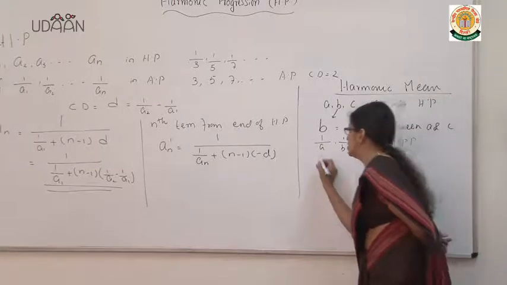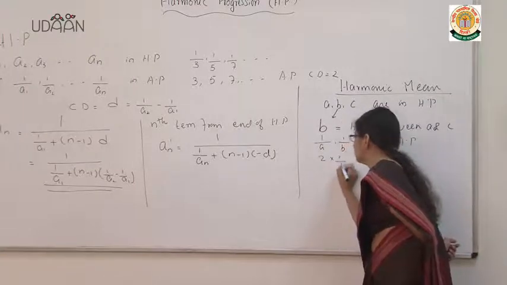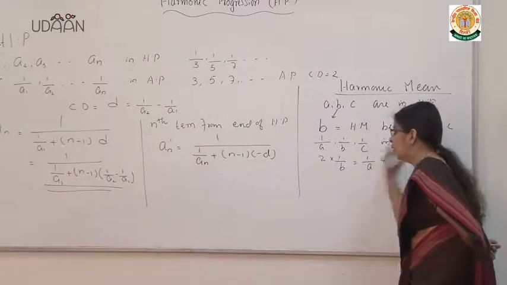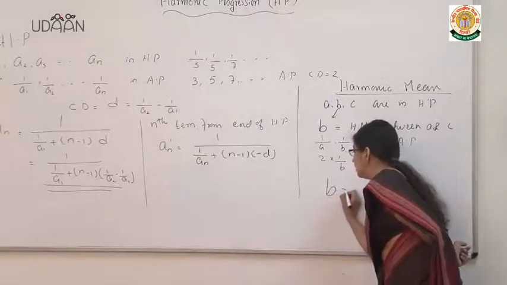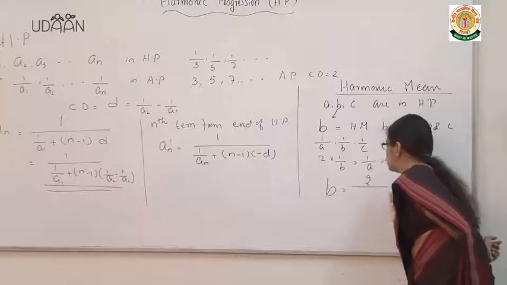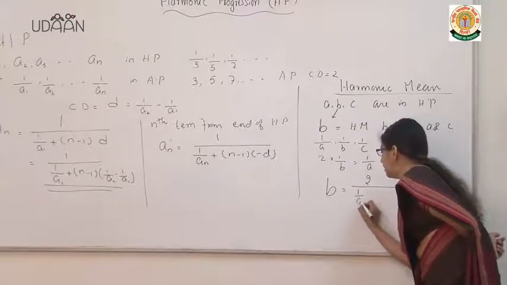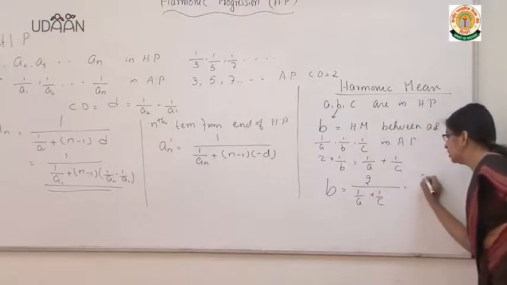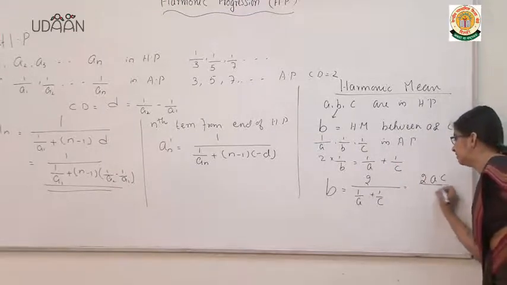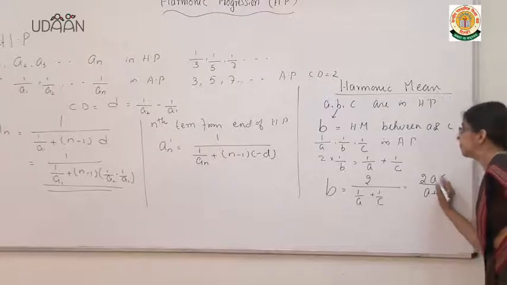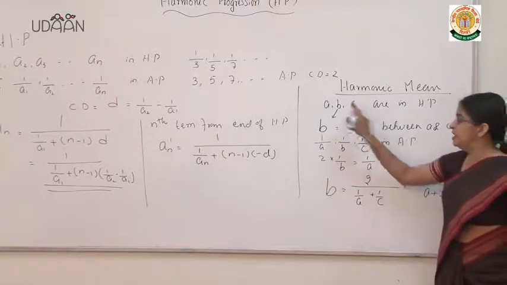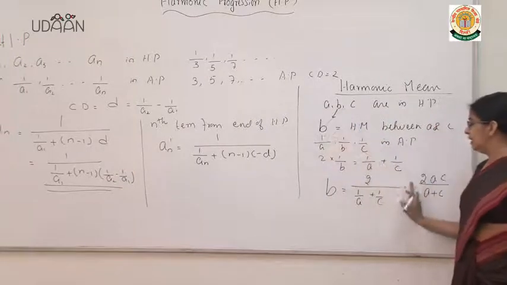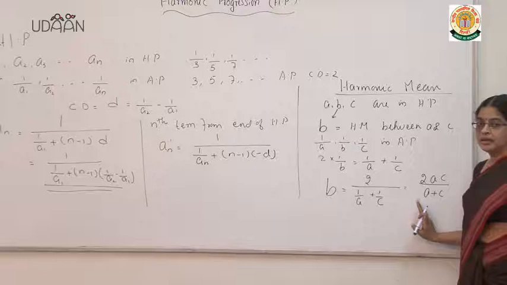Now apply the condition, twice the middle term equals 1 by A plus 1 by C, or we can write B, the harmonic mean, as 2 divided by (1 by A plus 1 by C), or after simplification you get 2AC divided by (A plus C). If A, B, C are in HP, B is the harmonic mean, and the harmonic mean B is given by 2AC divided by A plus C.